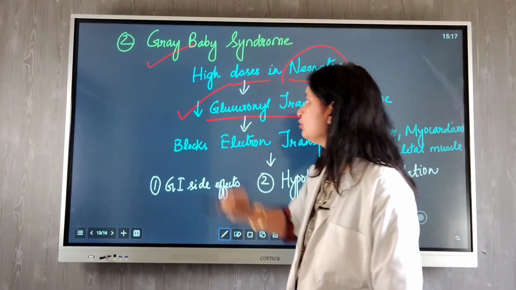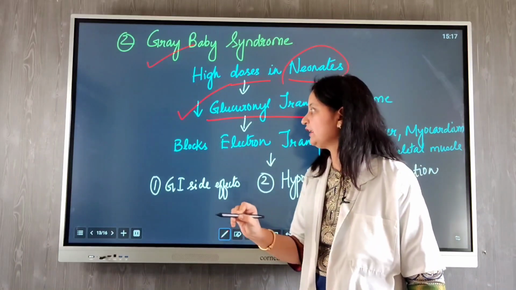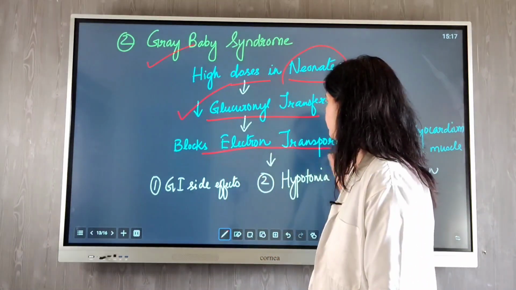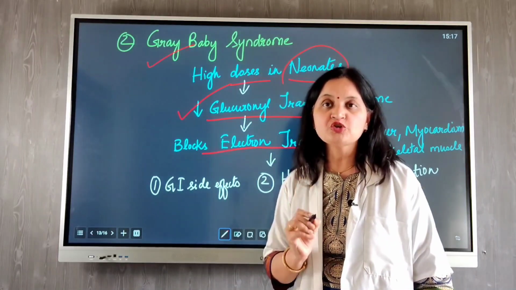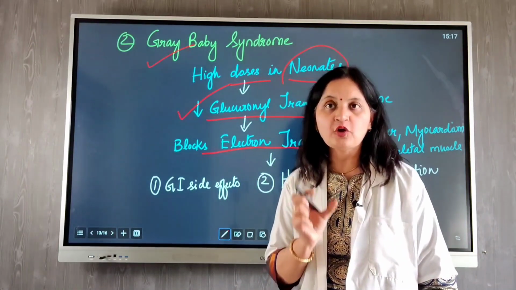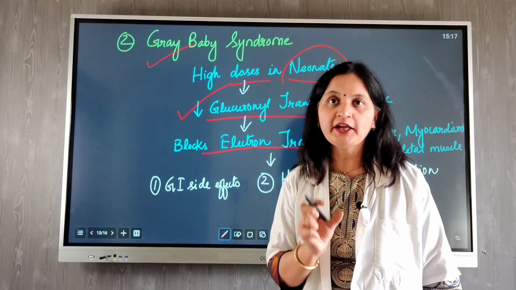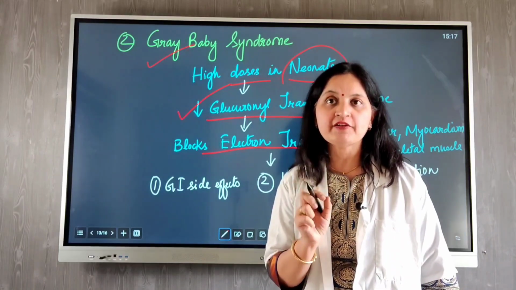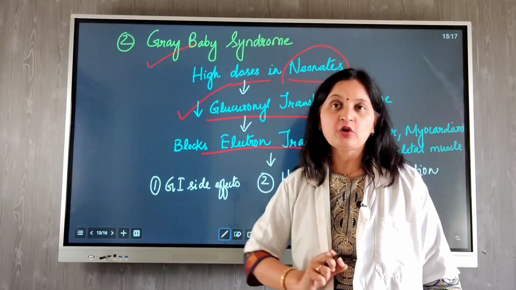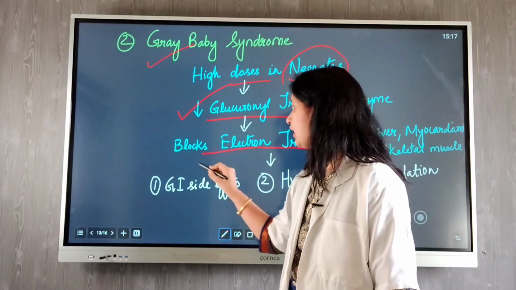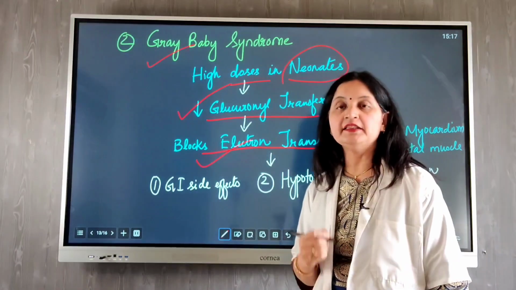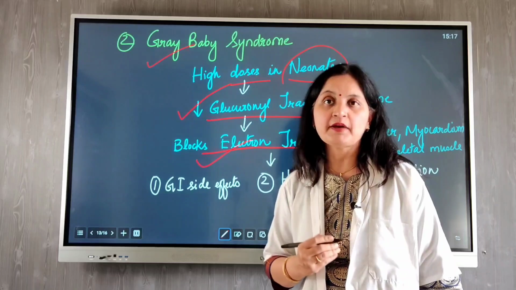Because of this, there is decreased glucuronidation, conjugation and metabolism of chloramphenicol, leading to toxic levels, and high levels of chloramphenicol can cause blockade of the electron transport chain in the liver, in the myocardium and in the skeletal muscle.